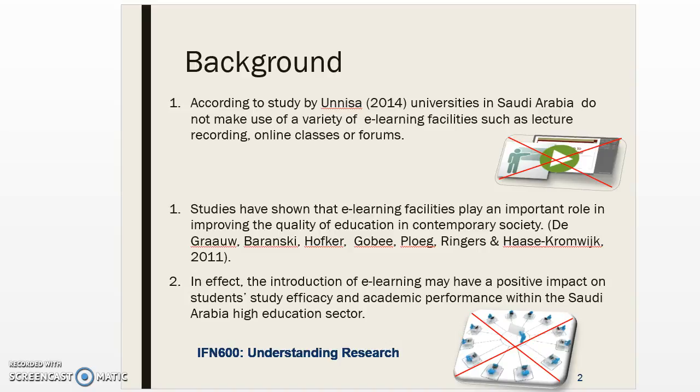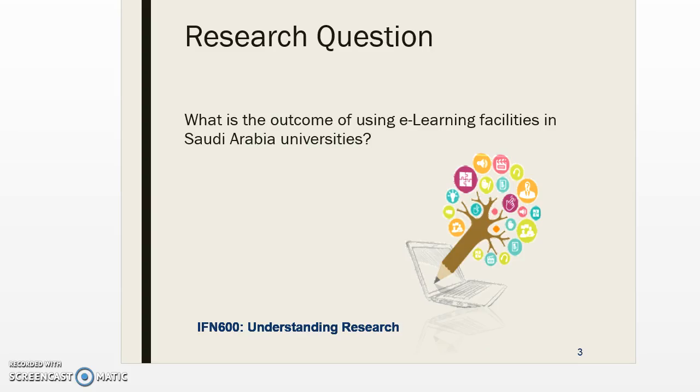For example, if an instructor puts both lecture notes and slides online, both visual and auditory learners benefit. Providing 24/7 accessibility to course materials. In effect, my research questions will illustrate the outcome of utilizing e-learning facilities in Saudi Arabia universities.